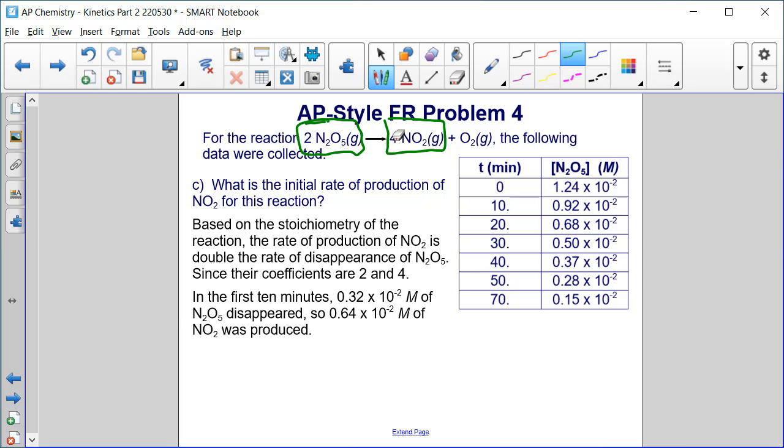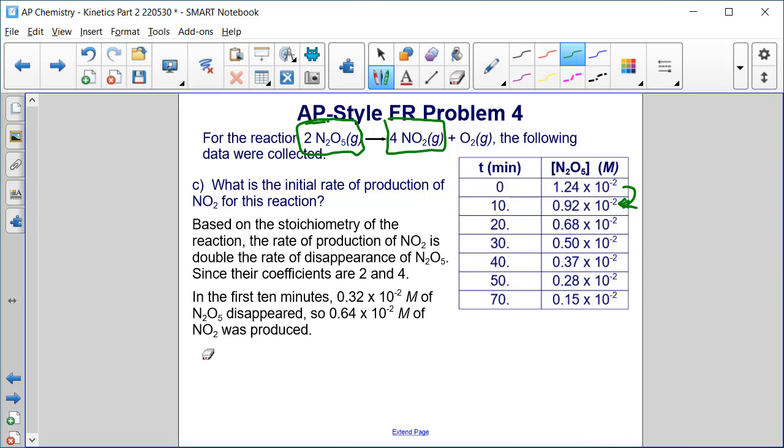So the rate of production of NO2 will be double the rate of disappearance of N2O5. Initially, what is the change from 0 to 10 minutes? From 1.24 to 0.92 is a difference of 0.32 times 10 to the minus 2 molar. That's how much N2O5 is consumed.